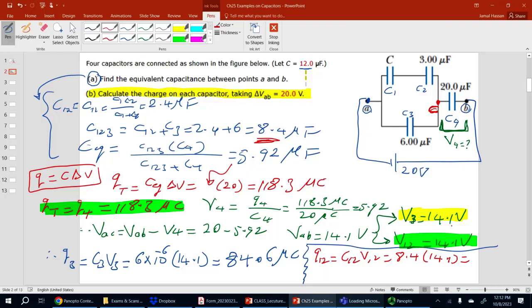No, something is wrong. I think I made a mistake. C12 is not 8.4. C12 actually is 2.4. So this is a typo.